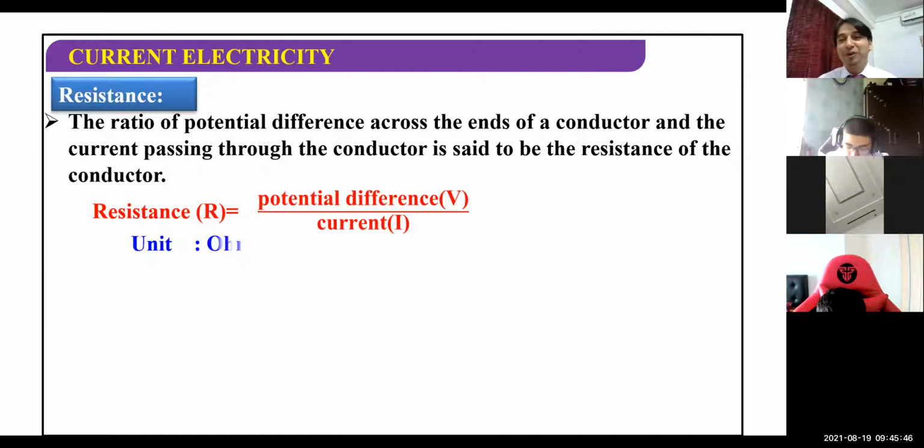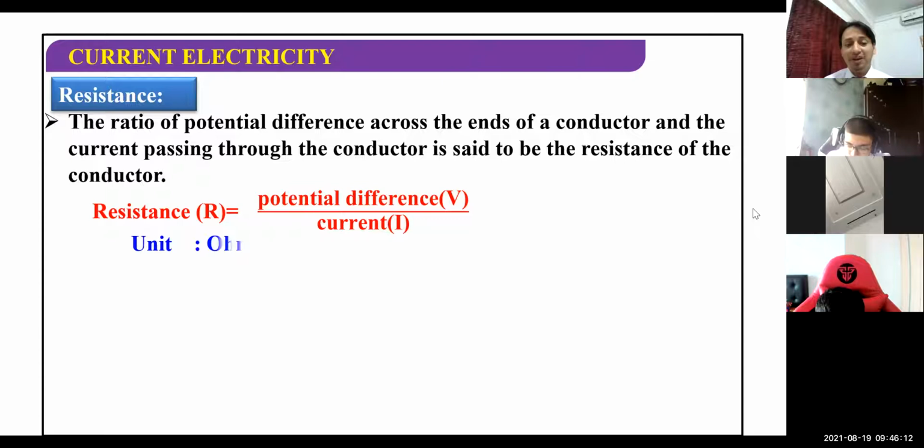Now children, first we will look at the equation and the definition for resistance, what you have to write in the exam. The ratio of potential difference across the ends of a conductor and the current passing through the conductor is said to be the resistance of the conductor.